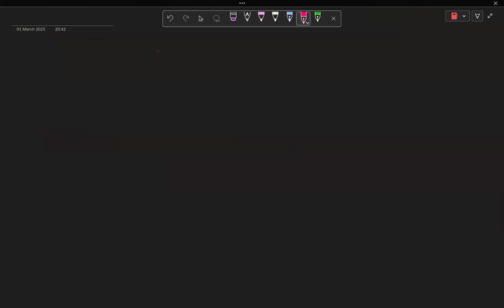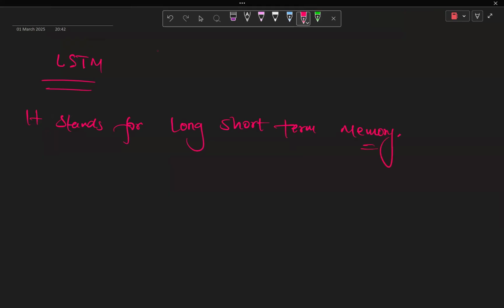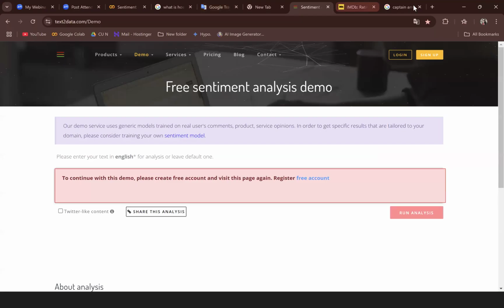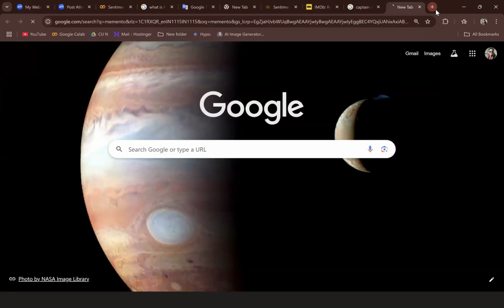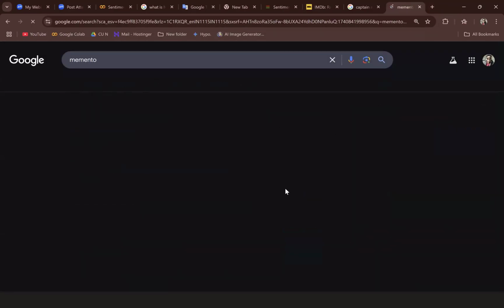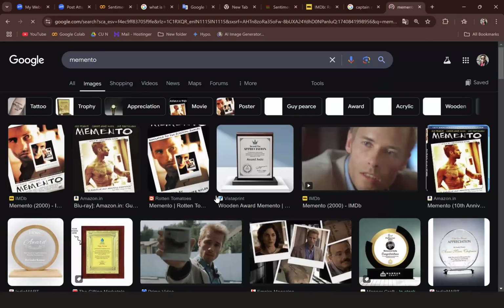So guys, you might have seen one movie. It stands for long short term memory. See, the movie is this one, Memento. Anyone have seen this movie?